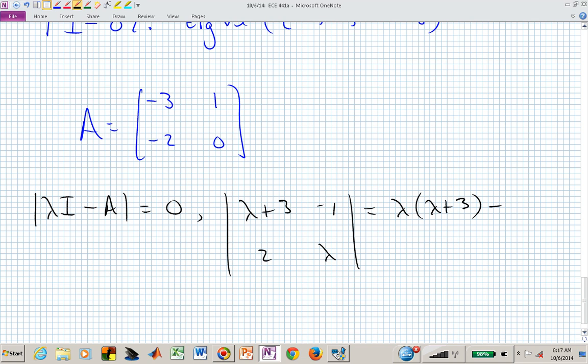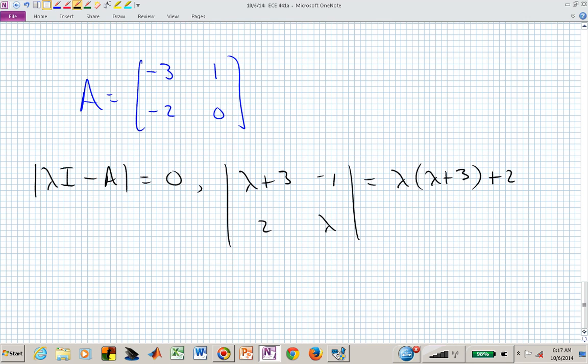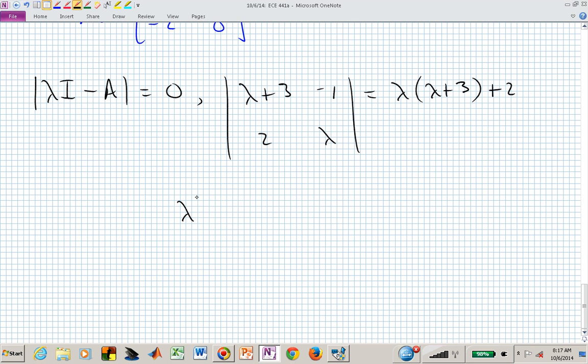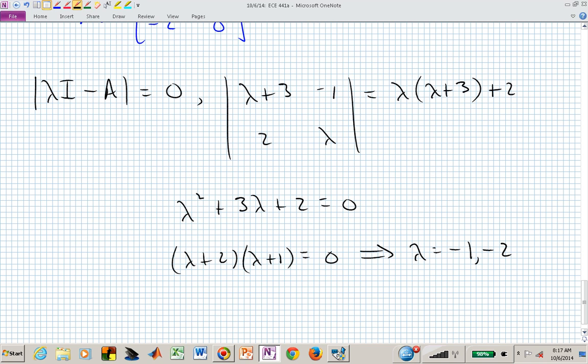We simply multiply the diagonal terms and subtract the product of the off-diagonal terms. We now realize that that's lambda squared plus 3 lambda plus 2 equaling 0. That factors nicely, and now that gives us these eigenvalues at minus 1 and minus 2. And maybe I should say it gives us one eigenvalue at minus 1 and a second eigenvalue at minus 2.